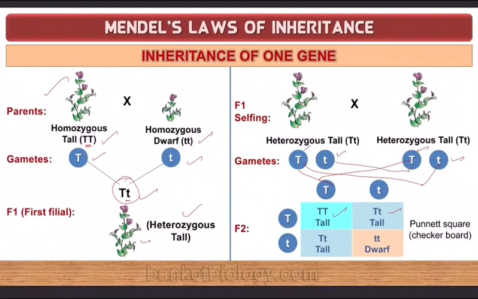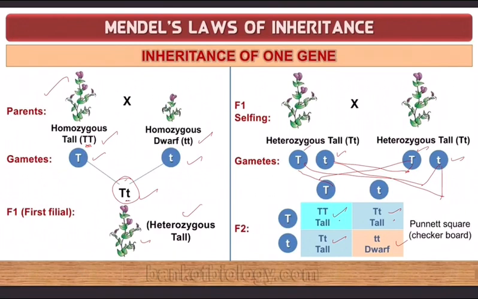So the fusion of these gametes, capital T and capital T, results in pure tall, capital T. The same zygote combining with capital T, small t is still tall. Why? Because of the presence of the dominant gene, capital T. And then small t, capital T, again the combination is capital T, small t. Again this plant also becomes tall because of the presence of the dominant gene.